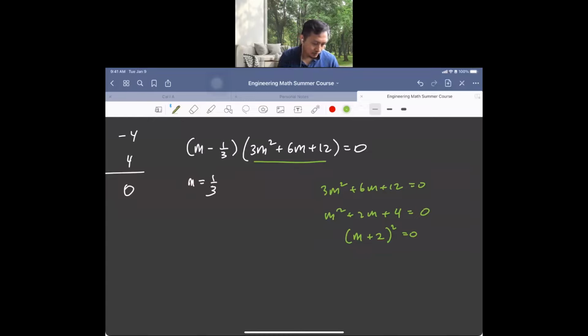Is it correct, my solutions? Right, correct, right? So the remaining root is, so this will be m1, m2 is -2, right?